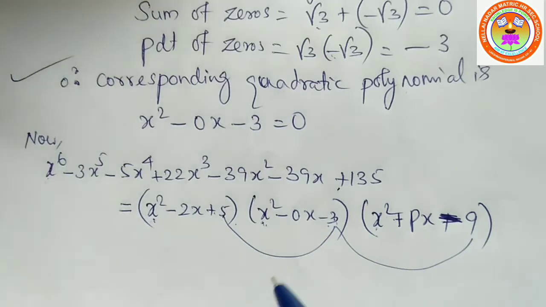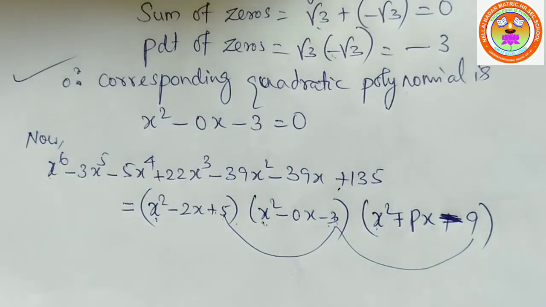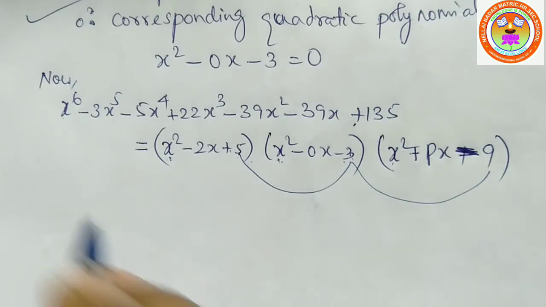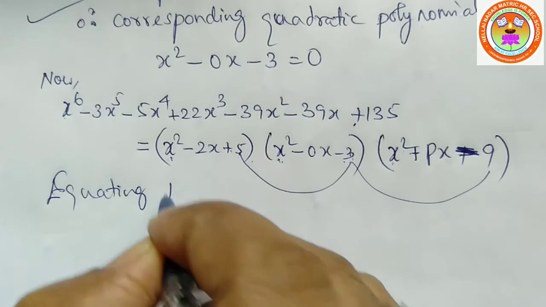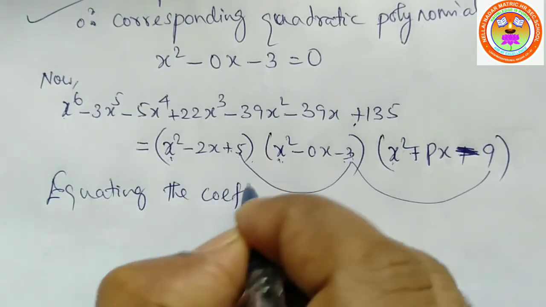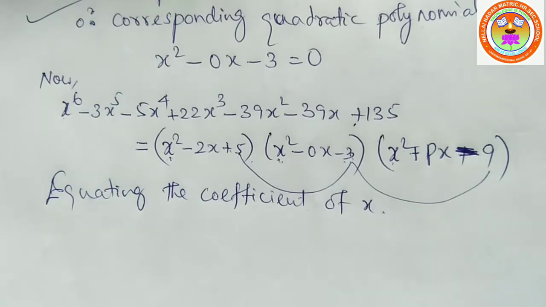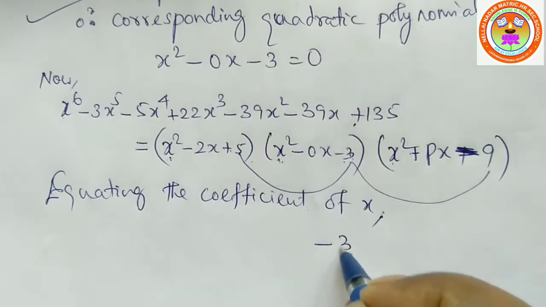The other way is easy. When we follow the other way, we are going to equate only the coefficient of x. Equating the coefficient of x. When we equate the coefficient of x, see the left hand side, we have minus 39.